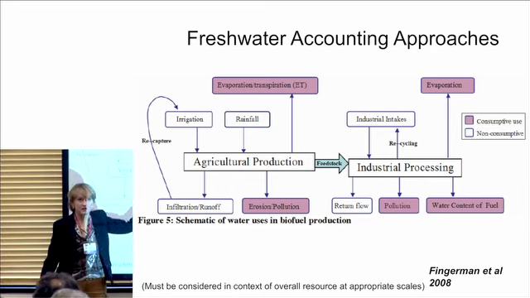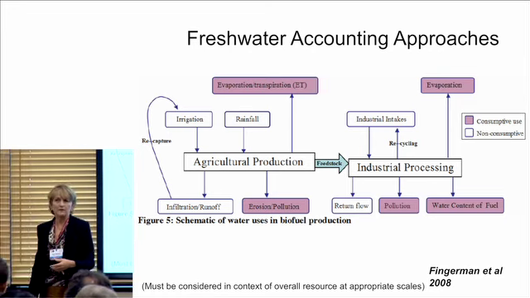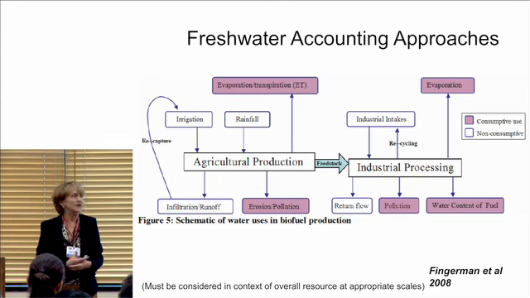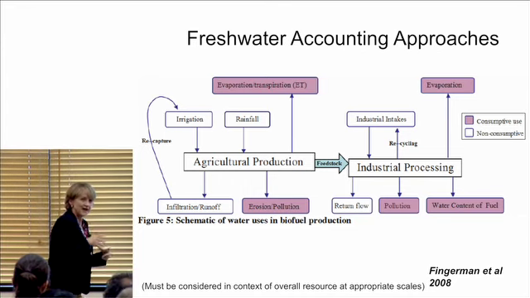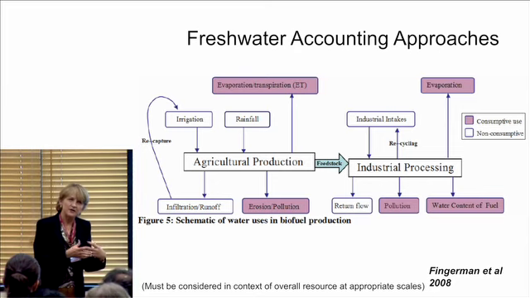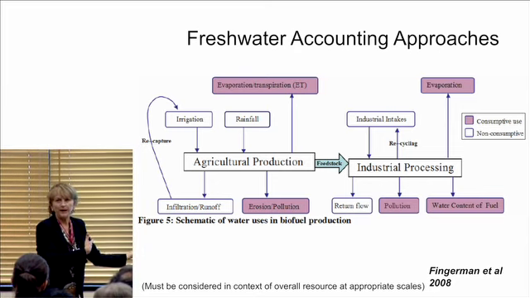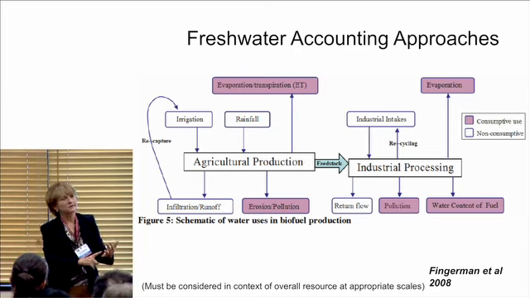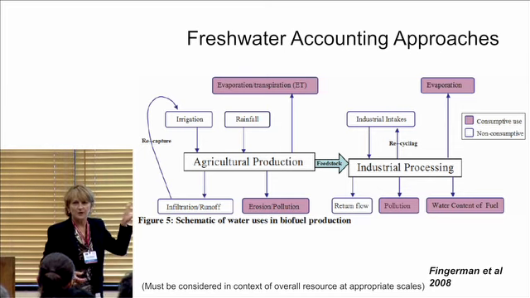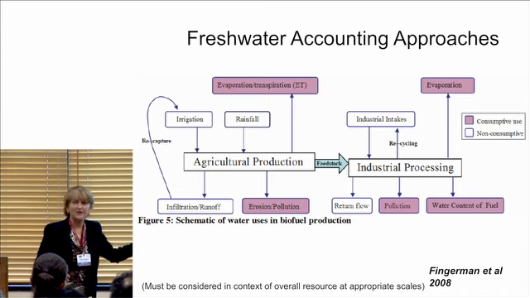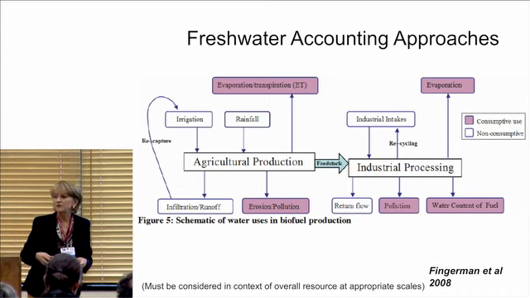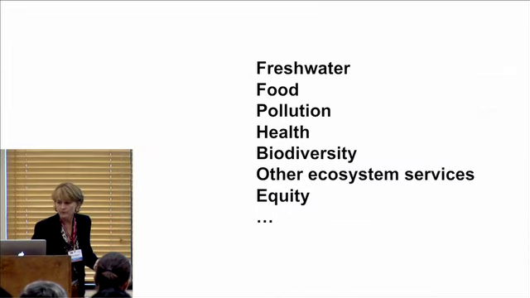And obviously, in the industrial processing, again, large demands for water, consumption of water in the products, and so forth. So if you want to ask the question, how critical is this choice we're making, biofuels, solar, wind, or whatever else, for water in this system, in this particular place, we need to have an assessment like this. And again, Ian will show you an example of one that's being done.